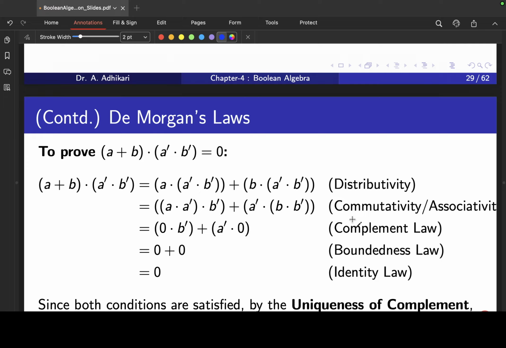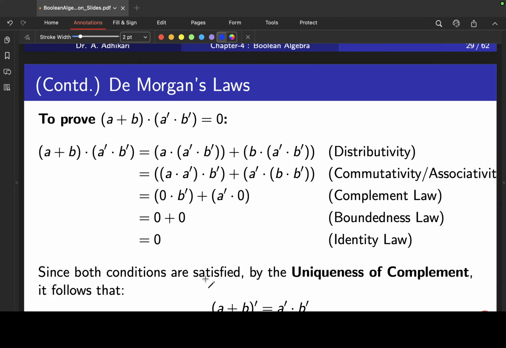Applying commutativity and associativity, we get A·A'·B' and A'·(B·B'). Now A·A' equals 0 by complement law and B·B' equals 0. So 0·B' is 0, A'·0 is 0 by boundedness law. So 0 + 0 is 0 by identity law.